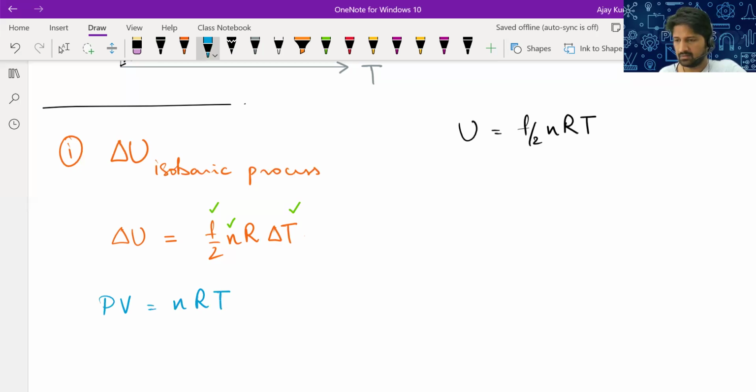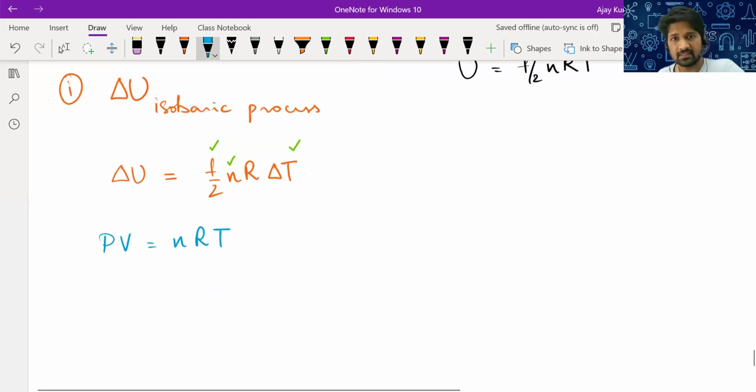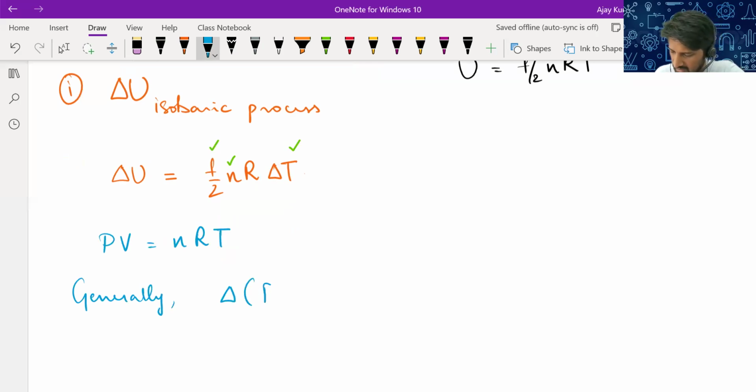If the left hand side changes, the right hand side changes. But left hand side and right hand side should always be equal. What does that mean? Generally, change on the left hand side will be equal to change on the right hand side. Right hand side is nRT. So change in PV will be equal to change in nRT.